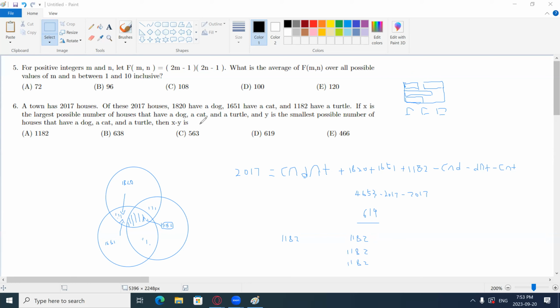And if you look at the rest, which would be 1,820 minus 1,182, you would have 638.